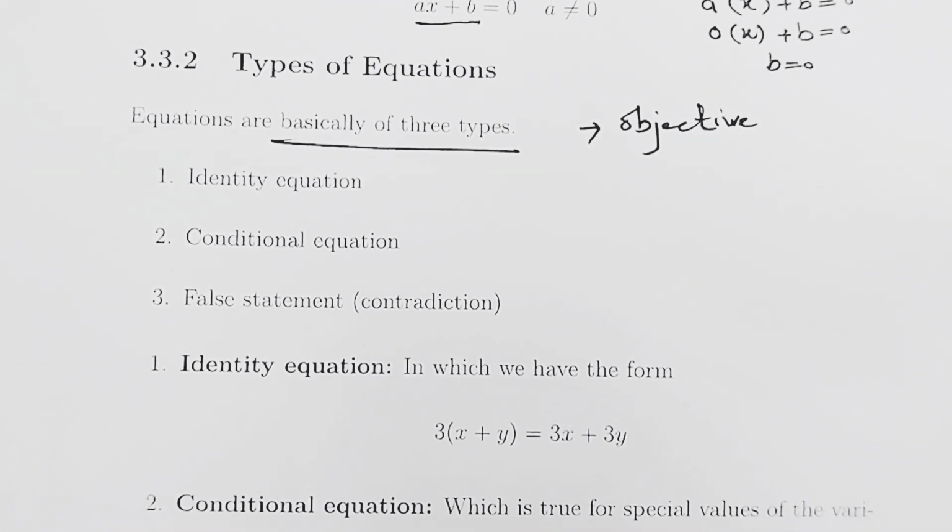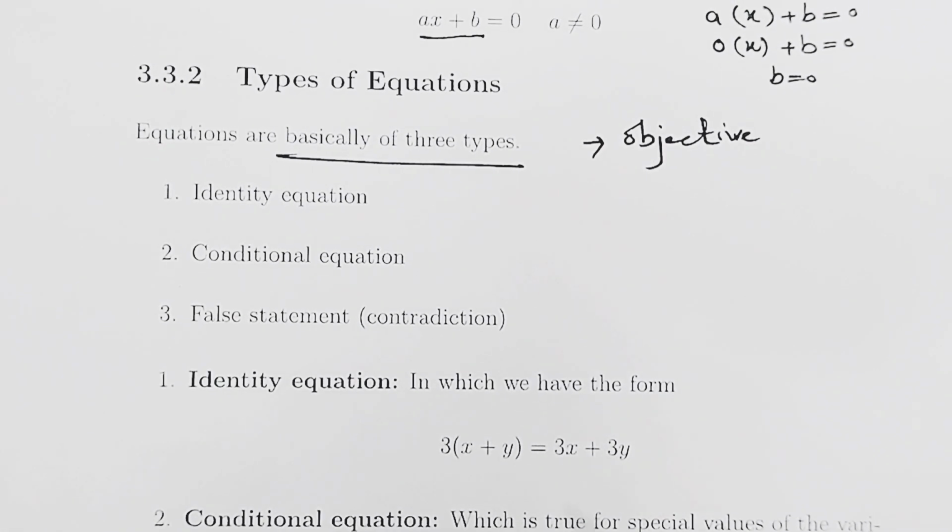What is an identity equation? An identity equation is of the form 3 into x plus y is equal to 3x plus 3y. In this equation, if we place any value of x and y on either side, we will get the same answer.